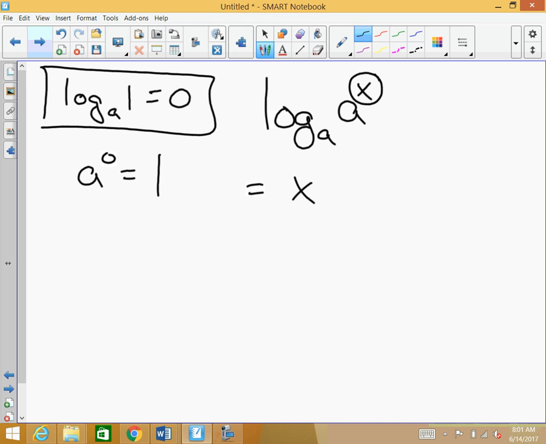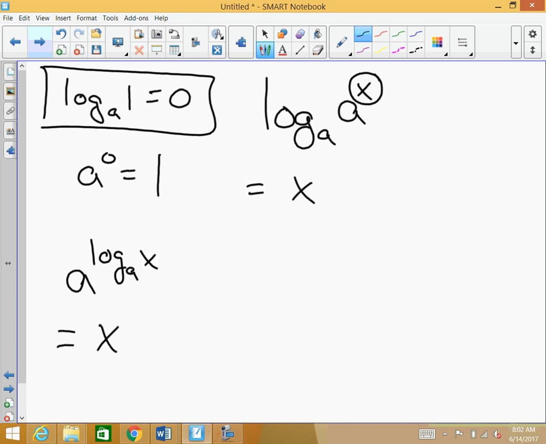Now there are proofs involved with this, but I don't have enough time to go through them now, but you can look them up online. And the last property would be if I had a to the log base a of x, now we have a logarithm as an exponent, well, that's also just equal to x.